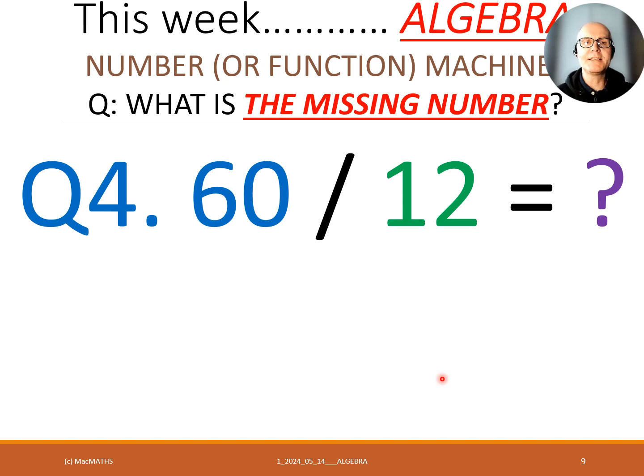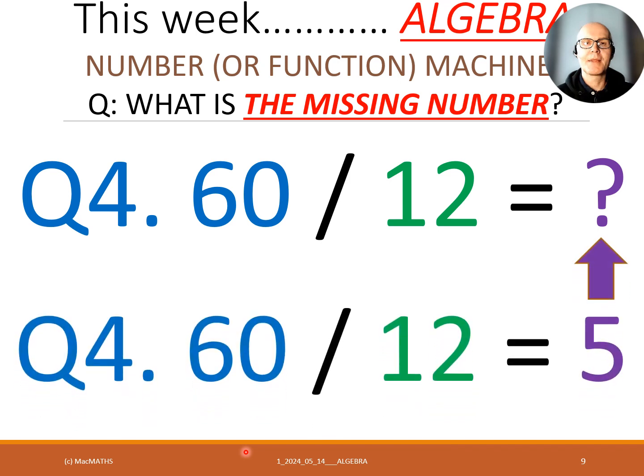What's the missing number in this number machine? 60 divided by 12 equals what? It's 5. 60 divided by 12 equals 5.